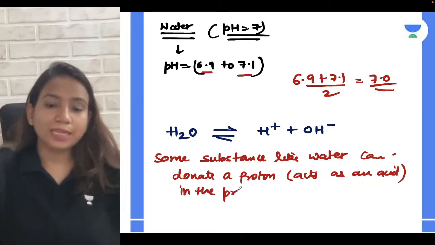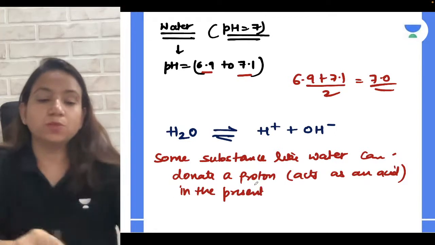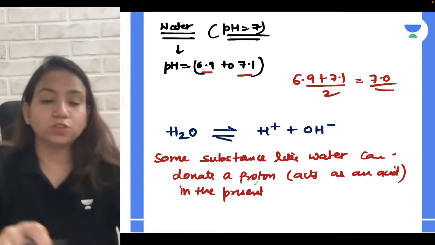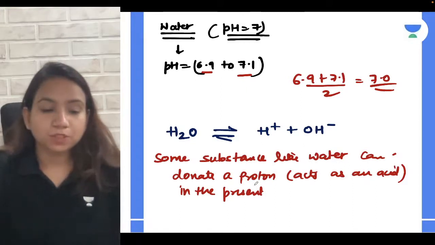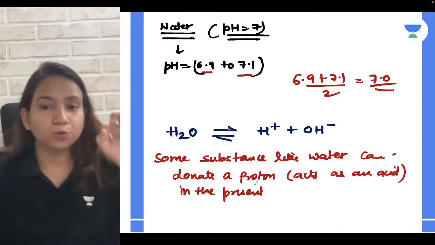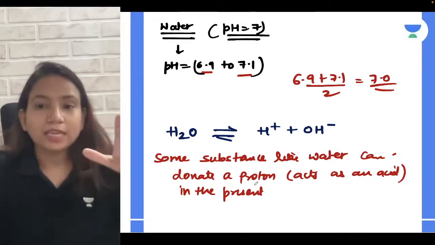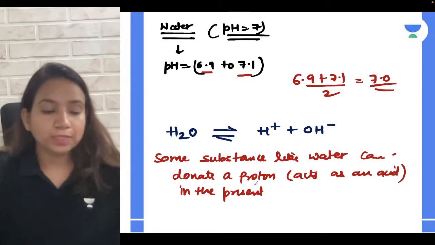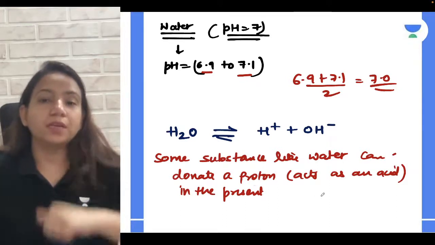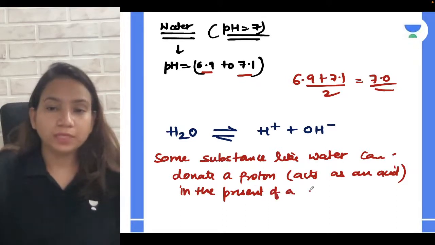So remember that it will act as an acid only when there is a base in front of it, or you are reacting it with a base. Basically, when it is donating a proton, it means that it is going to give an H plus ion, but when in the presence of a base.